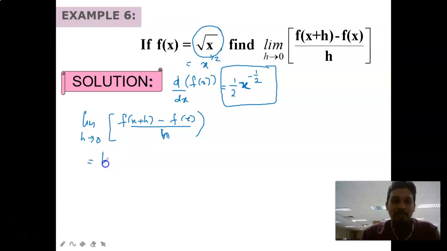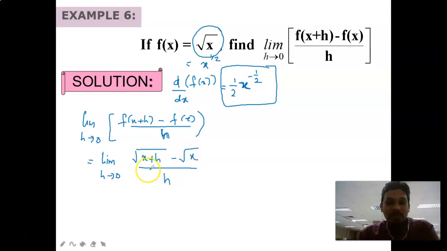So now the limit as h approaches 0, which is square root of f(x plus h). So just imagine that we substitute x in this function with x plus h. So square root of x plus h minus f(x), which is square root of x, and divide by h. Now if we substitute h equal to 0, then square root of x minus square root of x equals 0, divided by h equals 0, so 0 over 0.